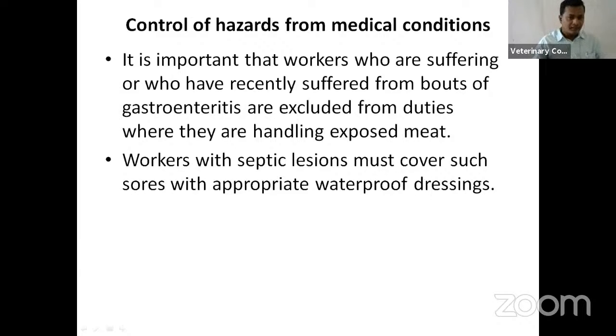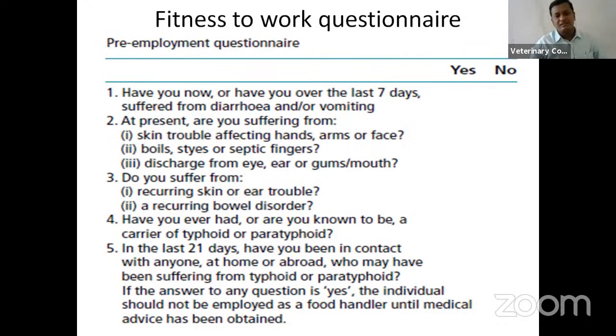If it is a healed or recovered one, then you take proper dressing of that. You cover that with a dressing material. Over that, you put a protecting cover. Over that, you put the gloves, and then they can be made to work, if the lesion is small.